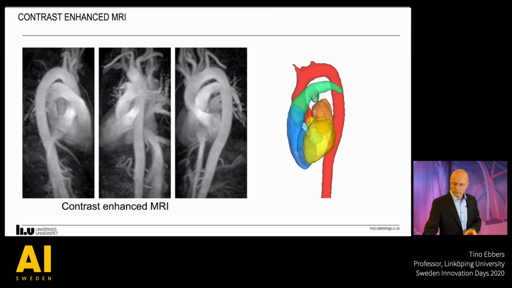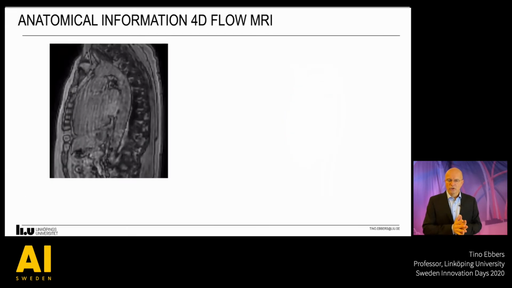What you can do is use the anatomical information that you acquire already in this 4D flow MRI acquisition. So you don't measure only velocity, you also measure some anatomical information. But as you see here, it's pretty difficult to even recognize the heart, and especially the different parts of the heart.